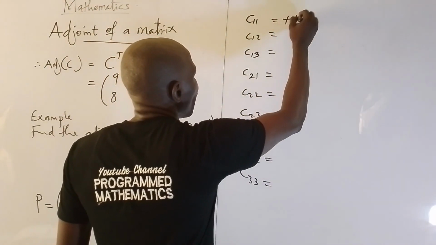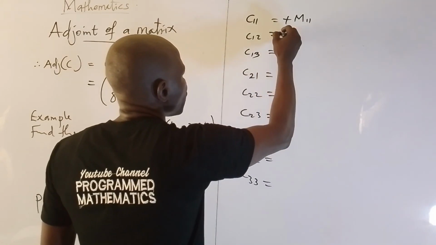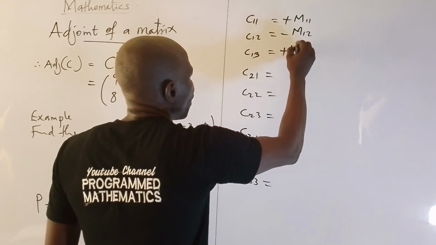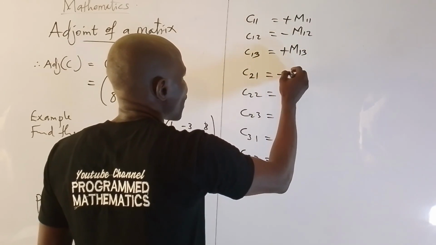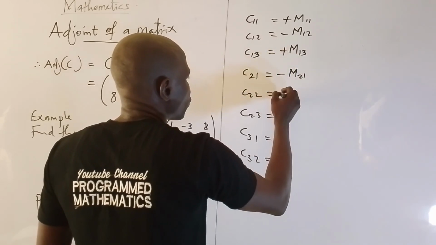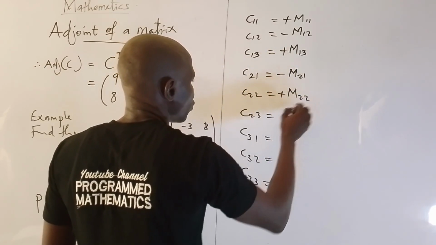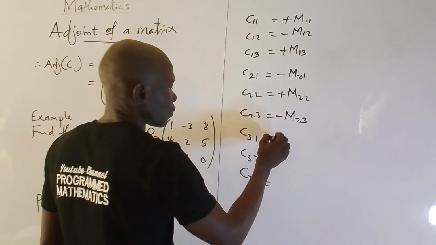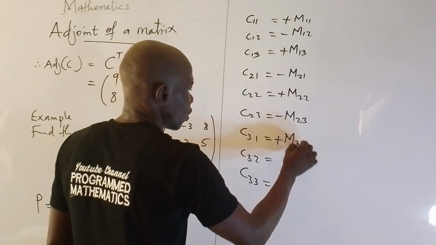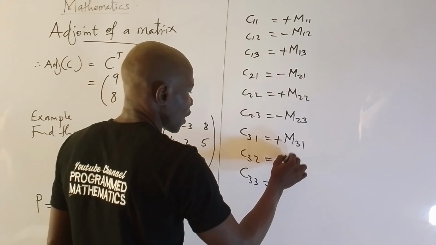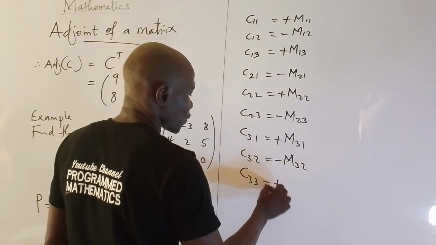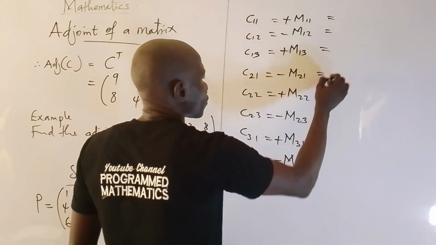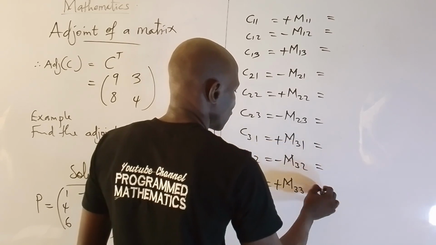So this is plus M11, 1 2 negative M12, 1 3 positive M13, 2 1 negative M21, 2 2 positive M22, 2 3 negative M23, 3 1 positive M31, 3 2 negative M32, 3 3 positive M33. Okay, so now all we need is to get the minors.